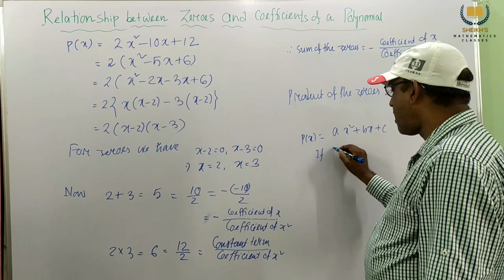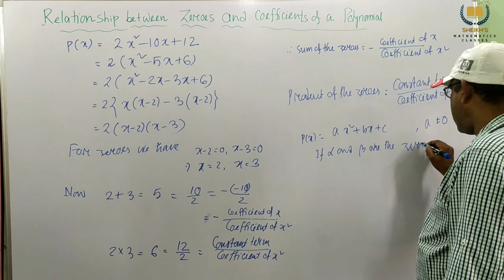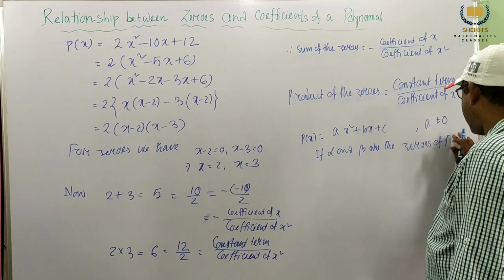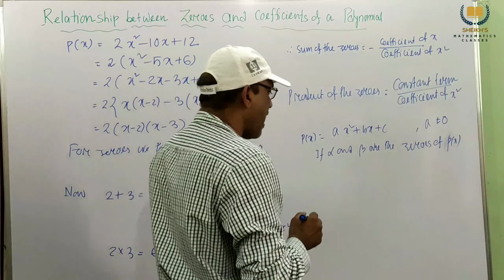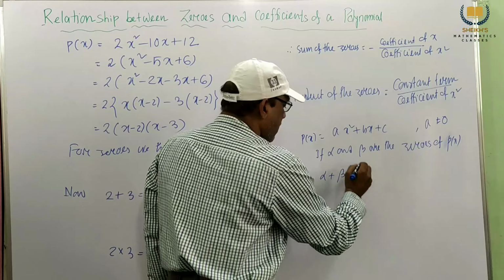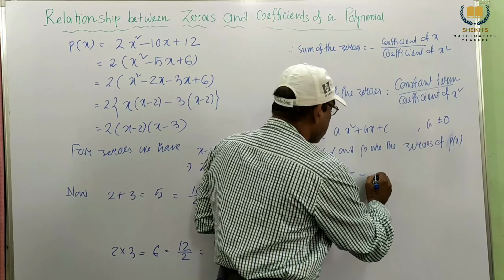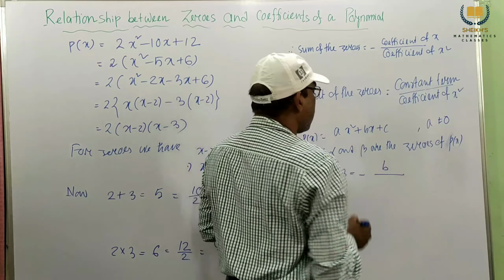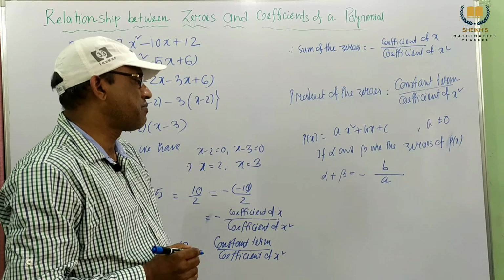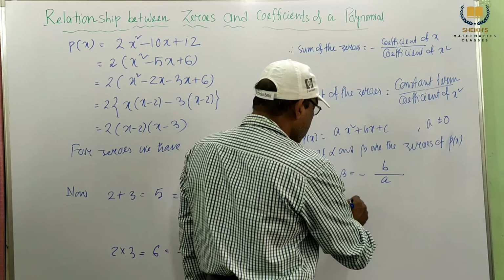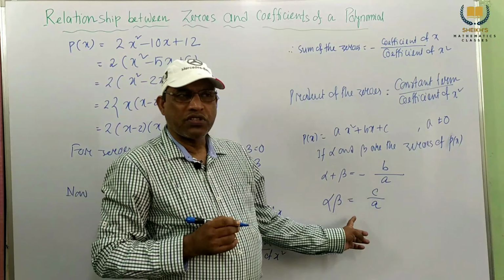If alpha and beta are the zeros of the polynomial p(x), then we can write alpha plus beta, the sum of the zeros, equals minus coefficient of x by coefficient of x², that is minus b by a, and the product of the zeros, constant term by coefficient of x², equals c by a.